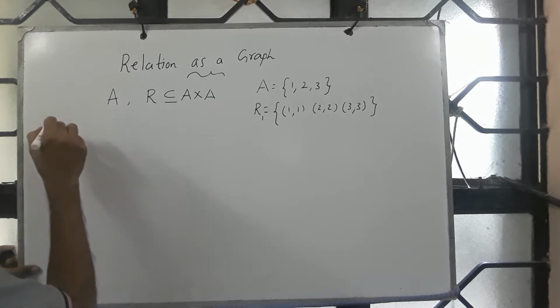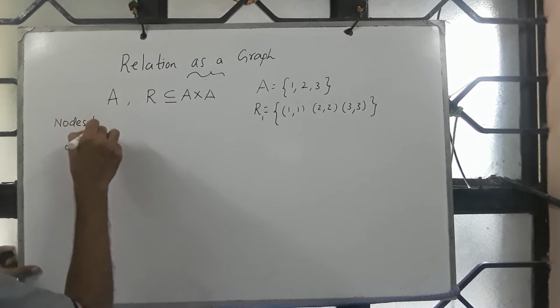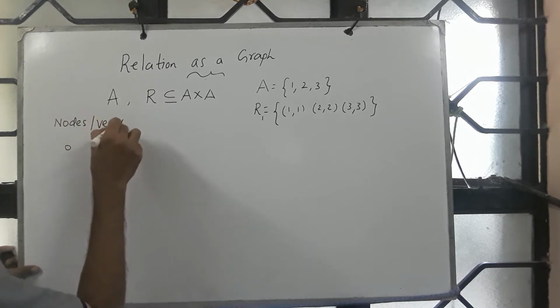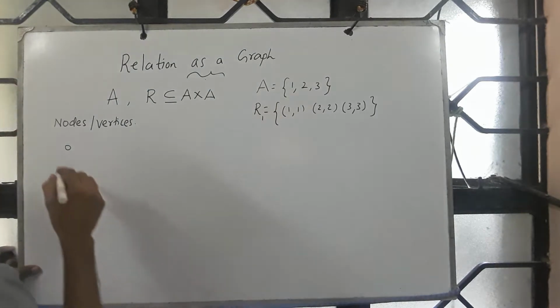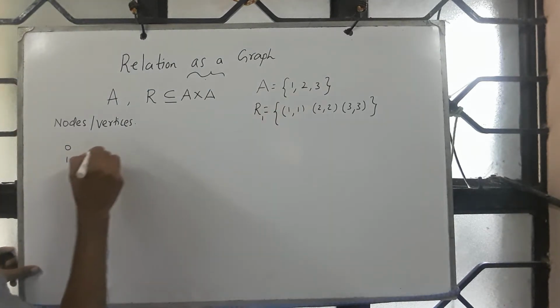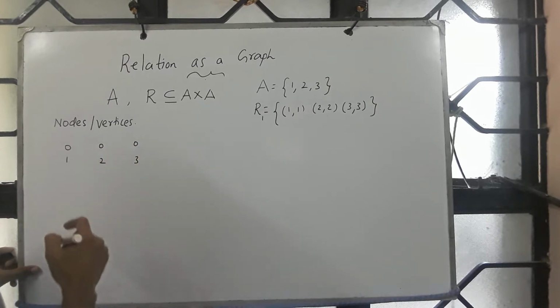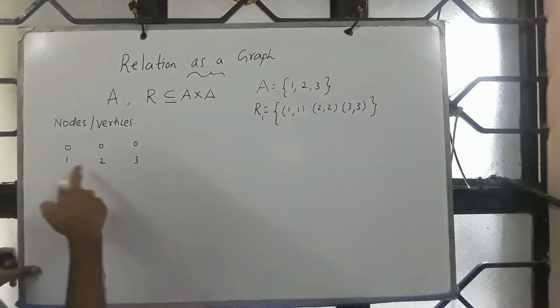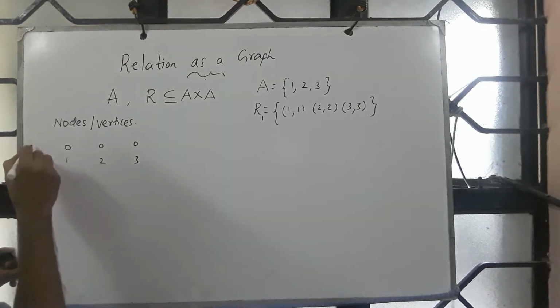You have something called nodes or vertices. So each element in A gets a vertex, or gets a node in G.